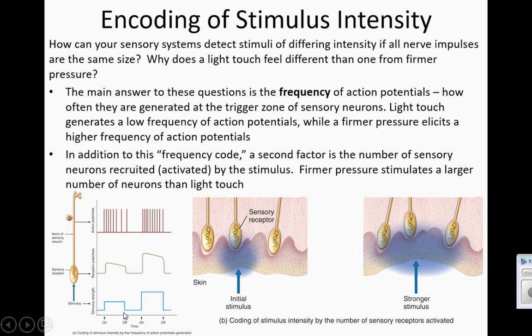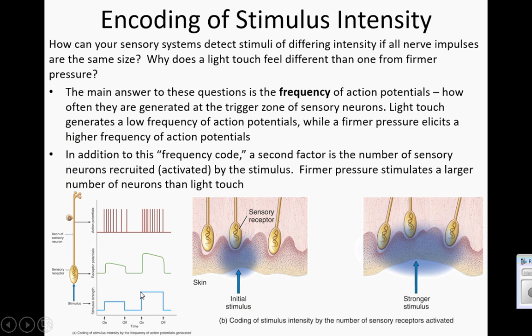So maybe we're pushing in really weakly and barely stimulating this sensory receptor, which causes just a very weak generator potential, which ultimately causes a burst of action potentials at the beginning, but then they start to progressively widen out. So that ultimately ends up with fewer action potentials transmitted inward to the central nervous system.